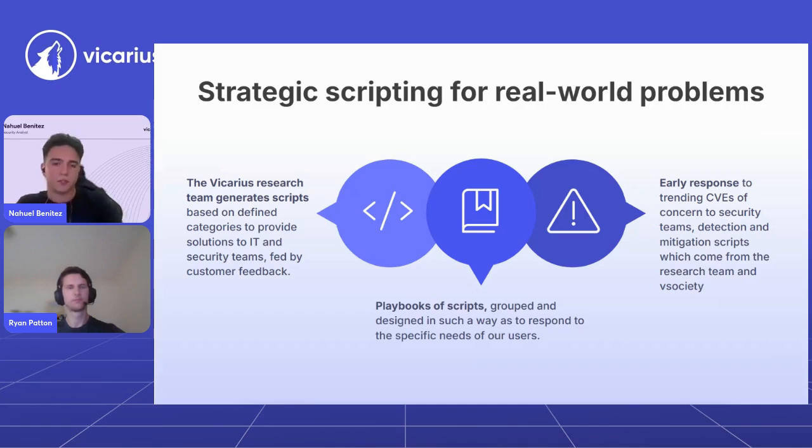They may have a security team, but they don't have the time to create a playbook for hardening, for incident response, for auditing. They don't have the time. So we provide them with these sets of playbooks of scripts that they can execute on all their systems.